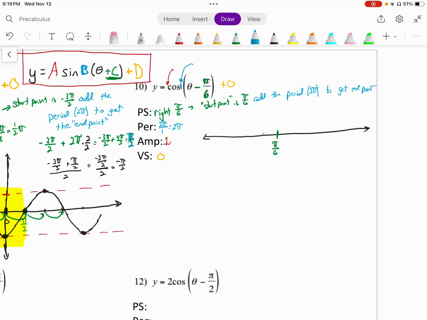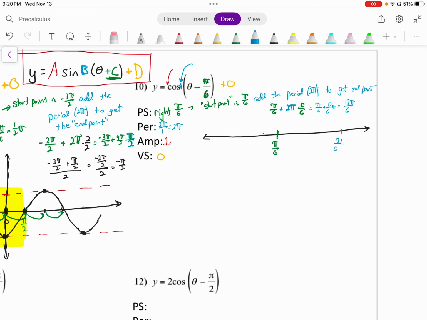And so we have pi over 6 plus 2 pi. Well, common denominator, you can multiply this by 6 over 6. So you'll have pi over 6 plus 12 pi over 6 is 13 pi over 6. That's our end point. So we'll just put that out here somewhere, 13 pi over 6.